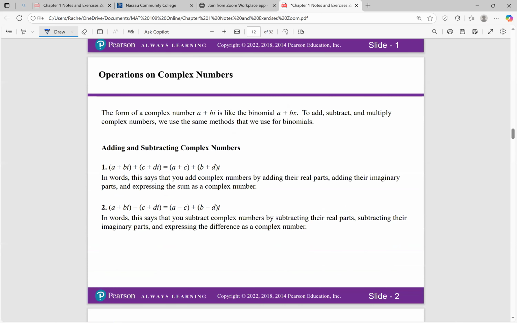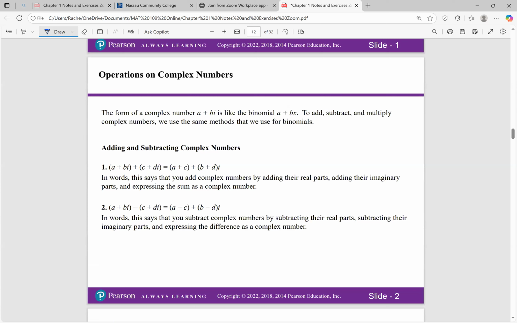Now, we can add and subtract complex numbers as we would any real numbers. The form of a complex number, a plus bi, is just like a binomial, a plus bx. To add, subtract, multiply, and divide complex numbers, we use the same methods that we would use for binomials. So let's look first at adding and subtracting complex numbers.